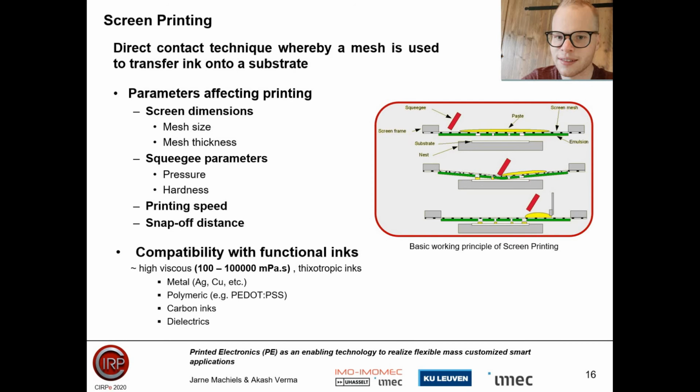In the second step, the blade scrapes the ink back to its initial position, and the printing process can be repeated. The main print parameters include the screen dimensions, the squeegee parameters, printing speed, snap-off distance, and so on. In general, screen printing uses highly viscous thixotropic inks, and for example in the field of printed electronics, metal inks, polymer inks, carbon inks, or even dielectric inks are used.